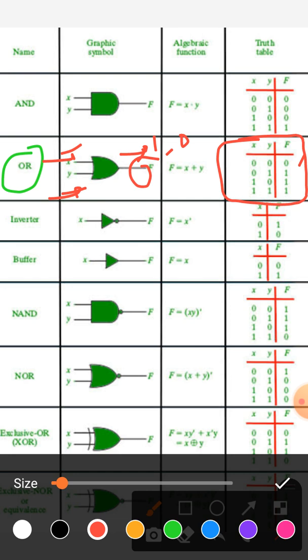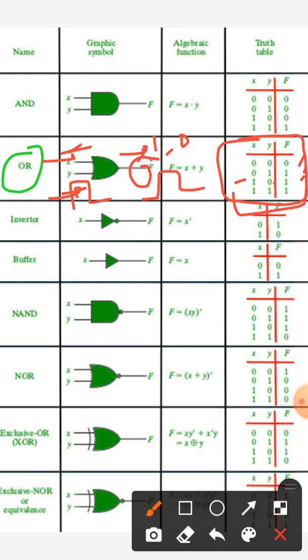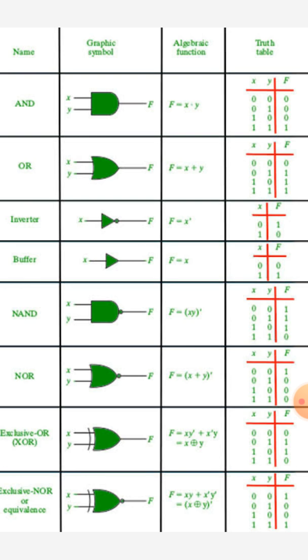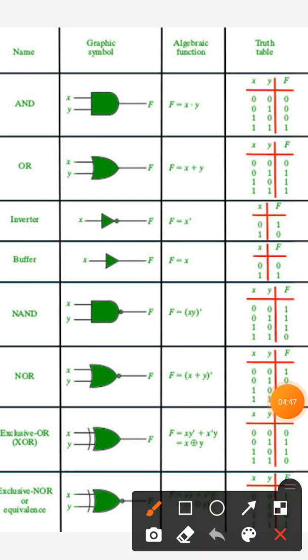When x equals 0 and y equals 1, then f equals 1, meaning a high switch or high pulse of 5 volts. And vice versa, if y equals 0 and x equals 1, we will have output high, and when both are high, we will get high at our output terminal f. So this is the truth table of our OR gate.